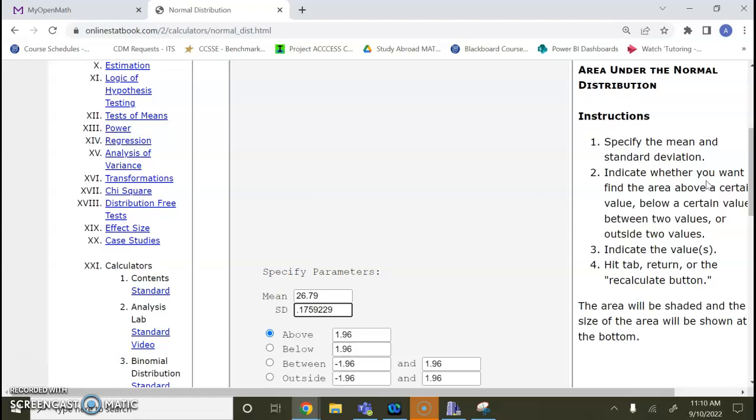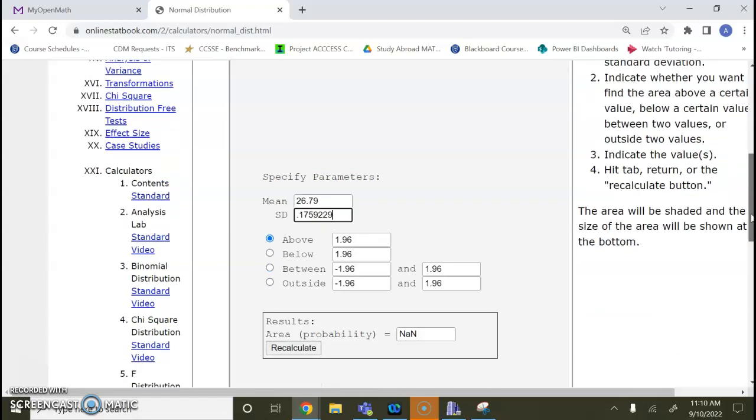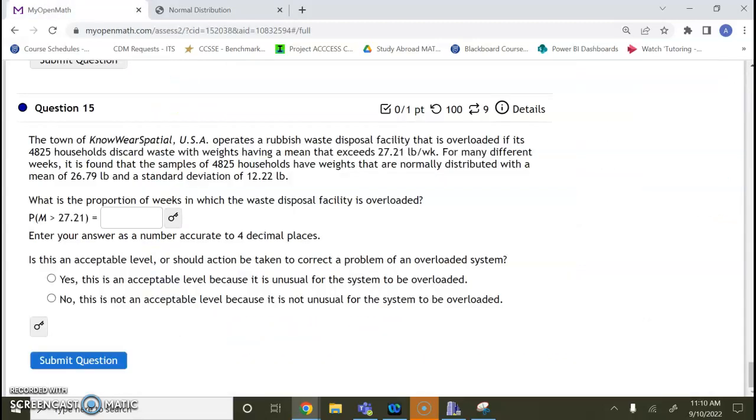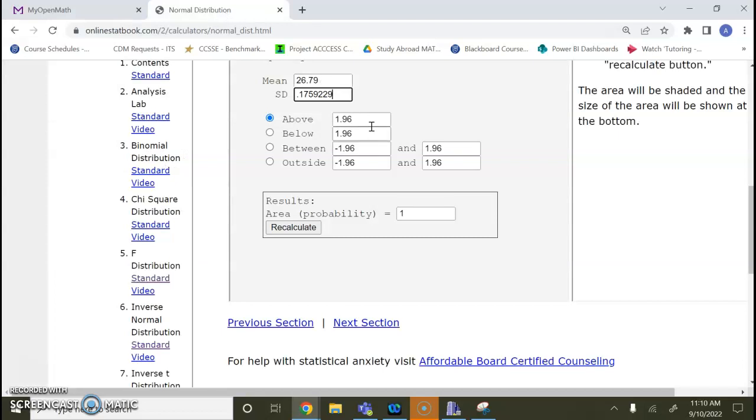And we're looking for above, with the cutoff of 27.21. We go above 27.21 and hit recalculate. I get 0.0085.